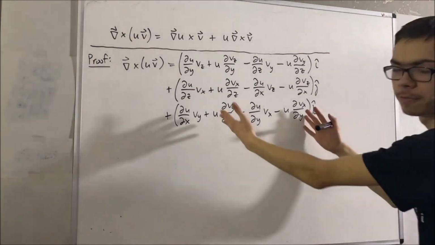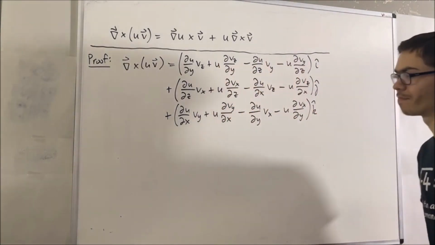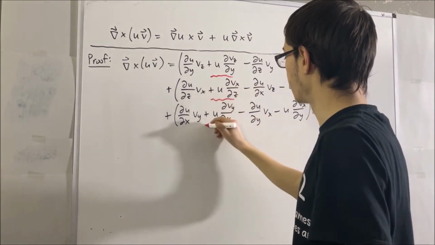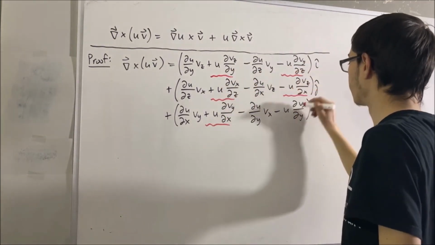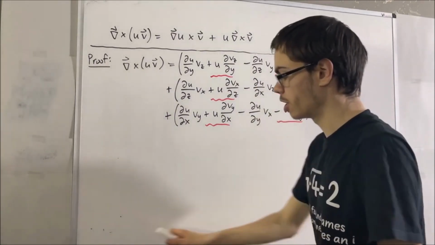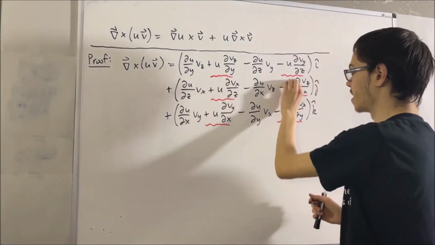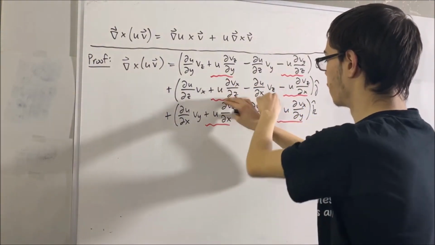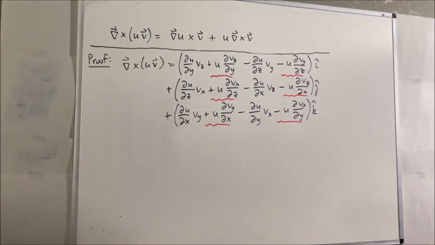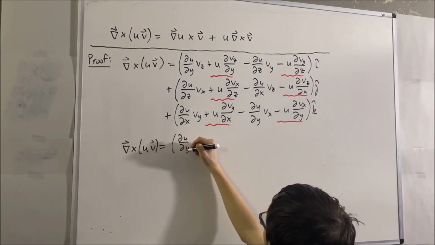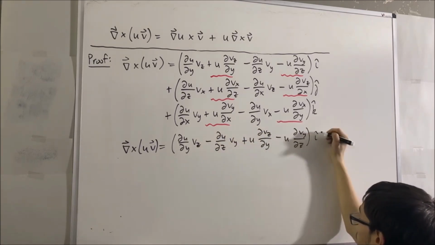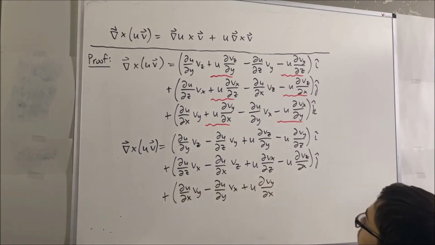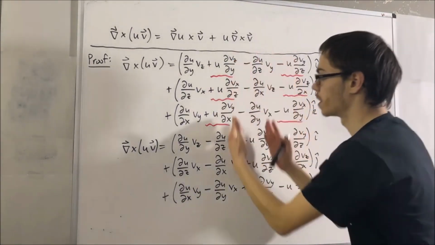So this is what we have now, after using the product rule for every single one of them. Notice that in each of these 6 terms, they all contain u in it. And what we want to do is group up each of the terms that contain u in it. We can do so by swapping the middle terms for each component. So we will do that now. And so now we have swapped the middle terms.